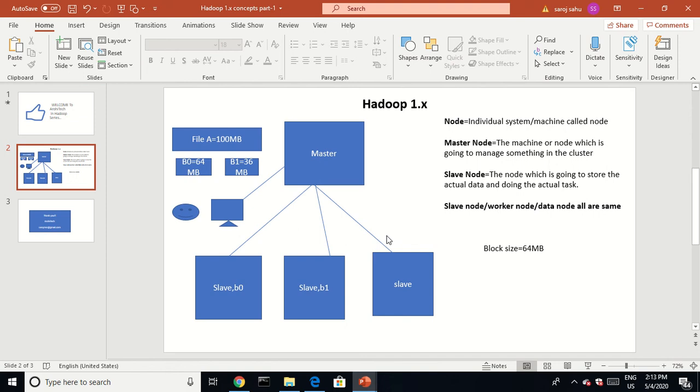And what is a slave node? A slave node is the node which is going to store the actual data. Data cannot be stored by the master machine. Only in the slave node can the data be stored, and it does the actual tasks. Here we'll discuss the HDFS part, the storage part, and the processing part we'll discuss in the next slide if possible, because processing means task management, job management.